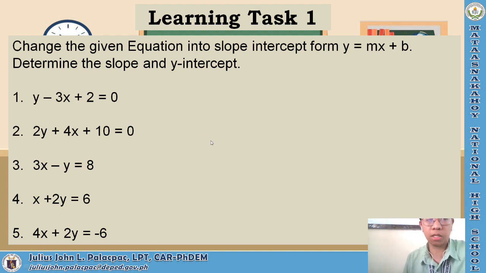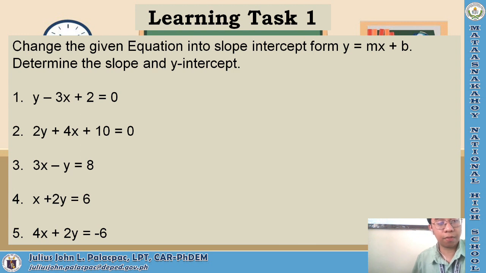So negative 4x times 1/2 is equal to negative 2x. Correct? Minus 10 times 1/2 is equal to negative 5. Okay, so our slope is negative 2 and our y-intercept is negative 5. Correct.